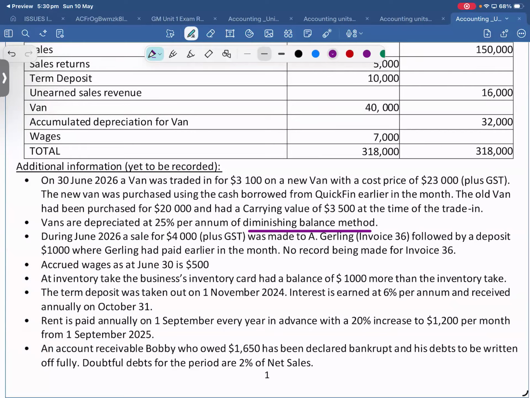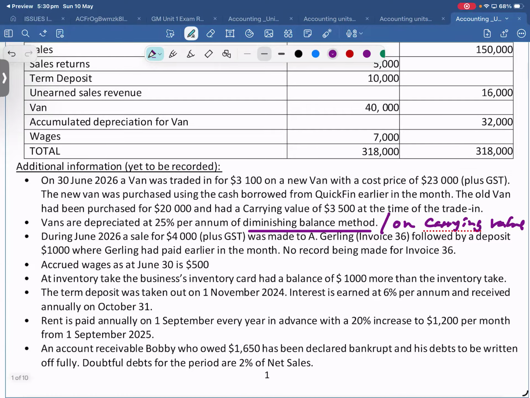Otherwise, they can say on carrying value, still reducing. Remember, we have done on cost. On cost price means straight line. On carrying value means diminishing, reducing. Don't say that you haven't learned this.